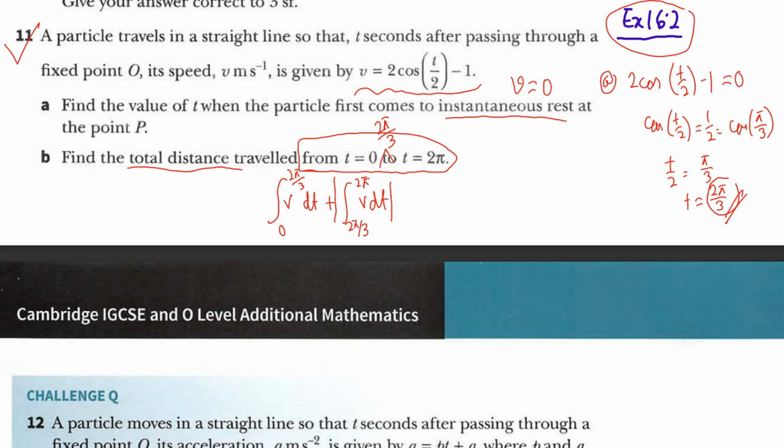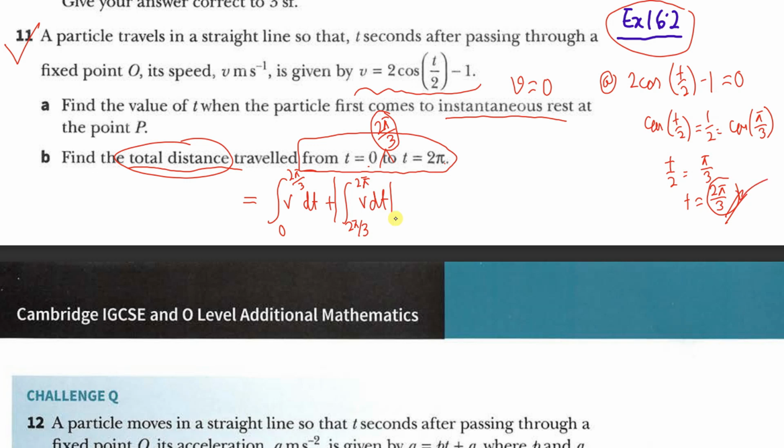So this is the total expression to do that question. So keep in mind, when it is asking for the distance, we need to consider whether the velocity is 0 in this interval. So we got velocity 0 in the interval 0 to 2pi, which is at 2pi/3.